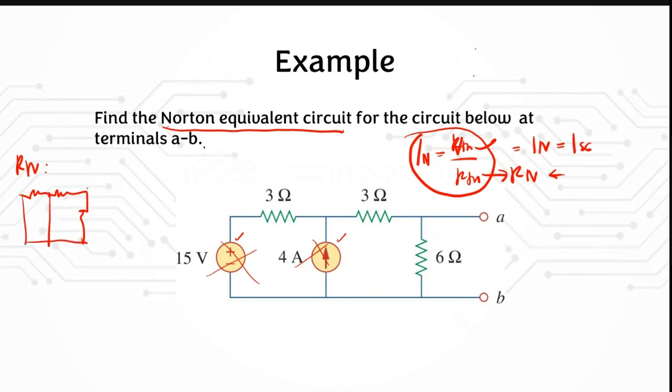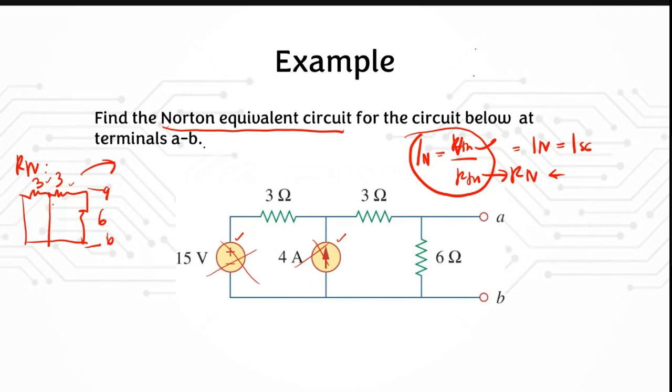So we will have this terminal, this 3, this 3, and then we have this 6. From this circuit, this 3 ohm and 3 ohm here are going to be in series.